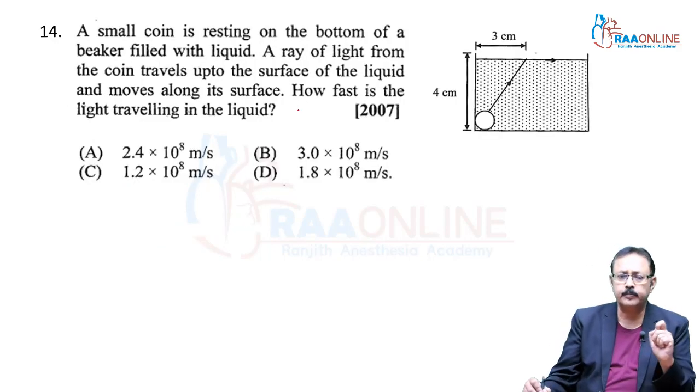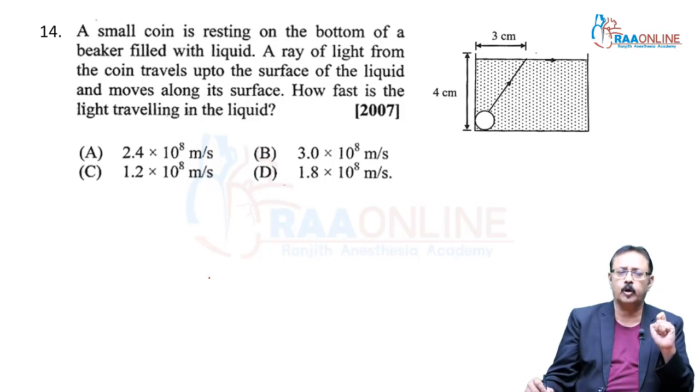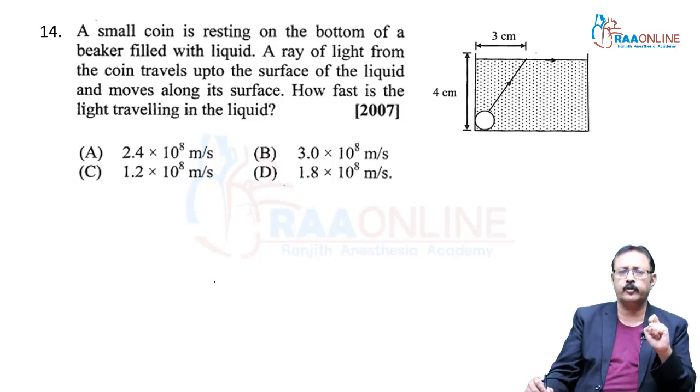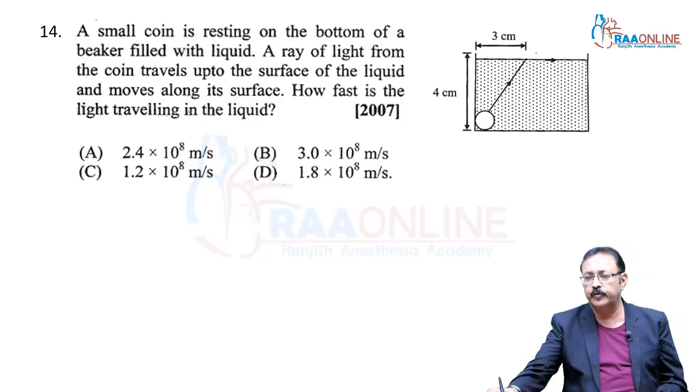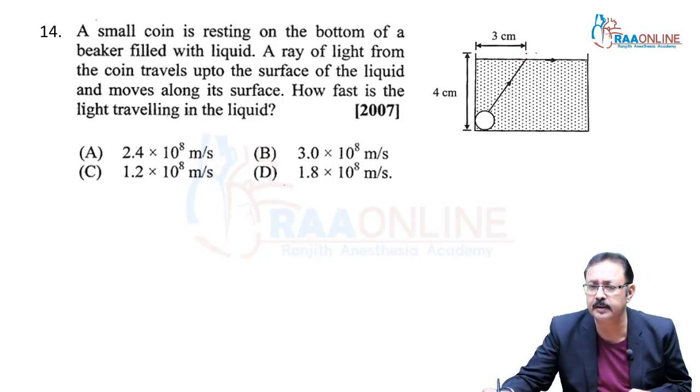14th: a small coin is resting on the bottom of a beaker filled with liquid. A ray of light from the coin travels up to the surface of the liquid and moves along the surface. Moves along the surface, it means at this point the angle of incidence is equal to the critical angle.